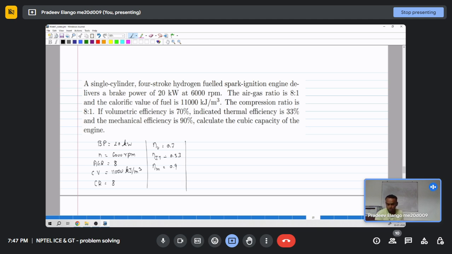How can we calculate this? Any idea? How can I start?